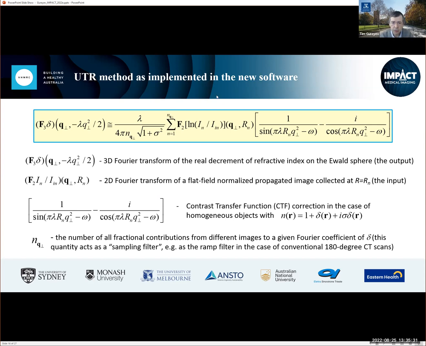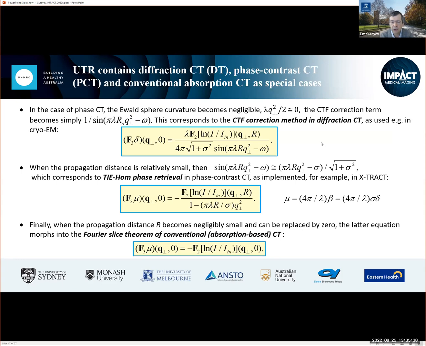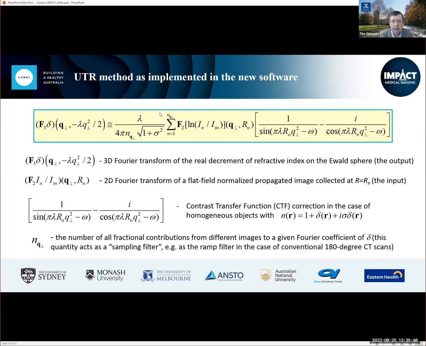So that general formula reduces to the known reconstruction formulas in the corresponding cases. For example, in the case of conventional diffraction CT, when one can ignore the Ewald sphere curvature, that second term with the cosine disappears.